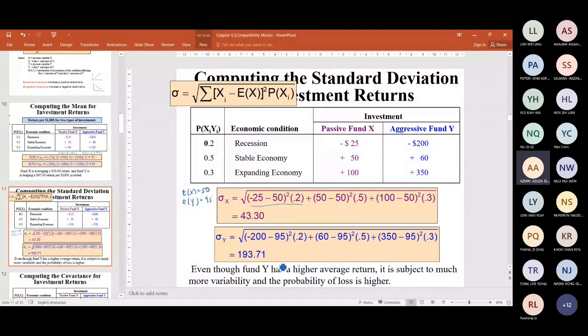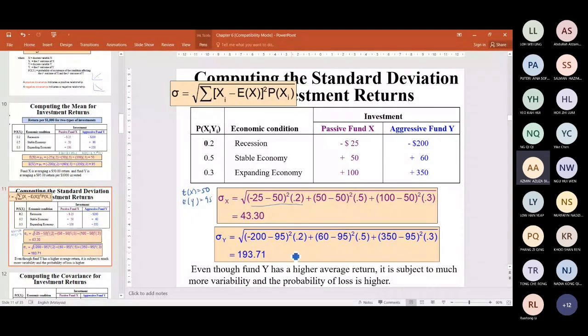Just in terms of standard deviation here, which one is better? Any idea which one is better, the X or Y? X has lower. X, okay, because of the smaller standard deviation.